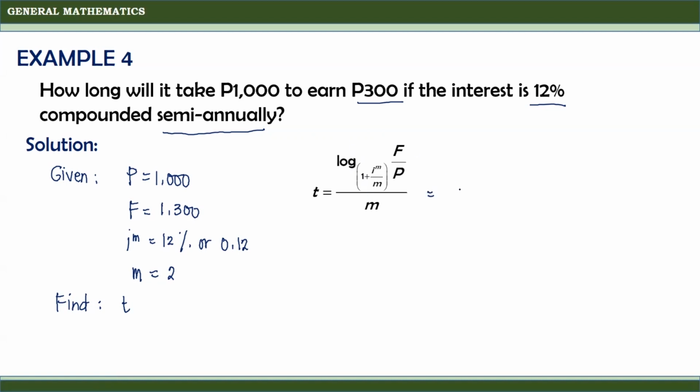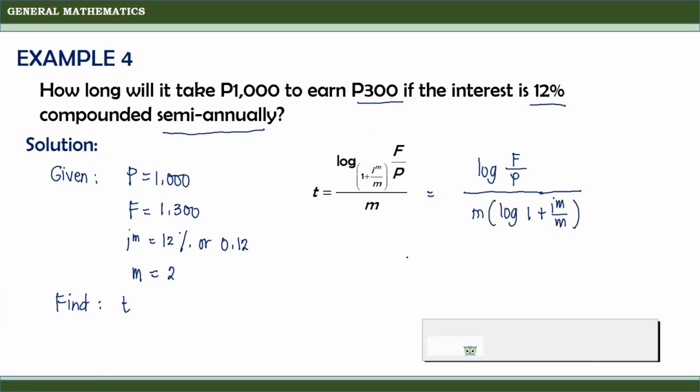Sometimes, this formula is written as logarithm of F divided by P, all over M times the logarithm of 1 plus IM over M. Whatever formula you use, you should arrive at the same answer. Suppose we use the second formula.